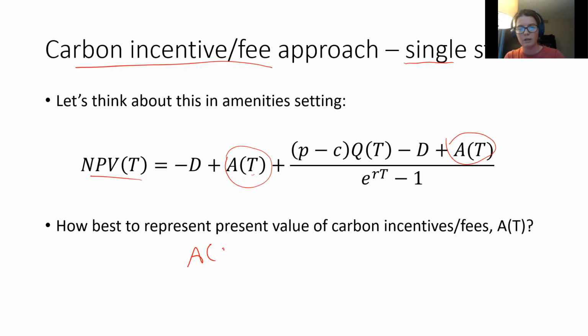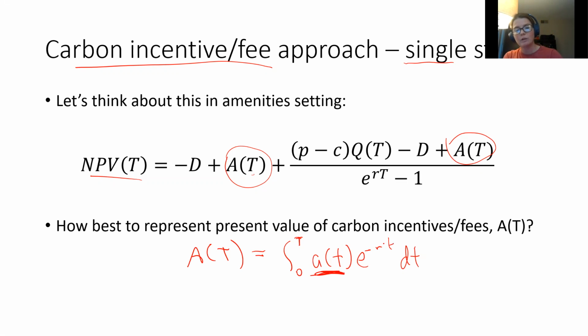Remember that so far we've defined A capital T as the sum from time 0 to the end of the rotation of some constant or possibly changing stream of amenity benefits or costs, as the case may be.